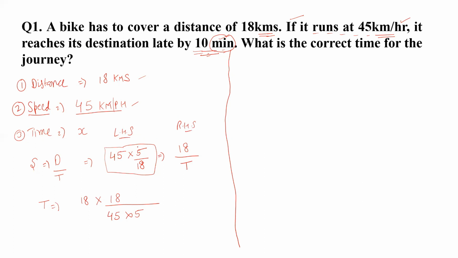So 5 divided by 18 was there; when its side is changed from the left hand side to the right hand side, we write 18 in the numerator and 5 in the denominator, and 45, which was in the numerator on the left hand side, goes in the denominator.